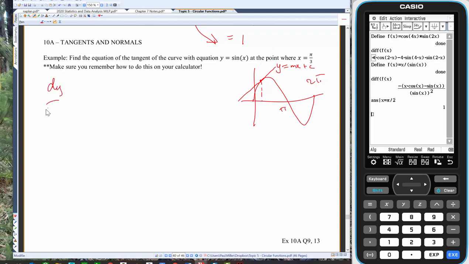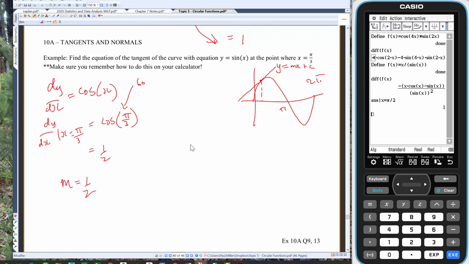I'm going to get dy dx, which is equal to cosine x, and then I'm going to do dy dx with x equal to pi on 3, which is cosine of pi on 3. Again, my dirty little secret is that pi on 3 is 60 degrees, and I know the cosine of 60 is a half. All right, so my gradient is a half.